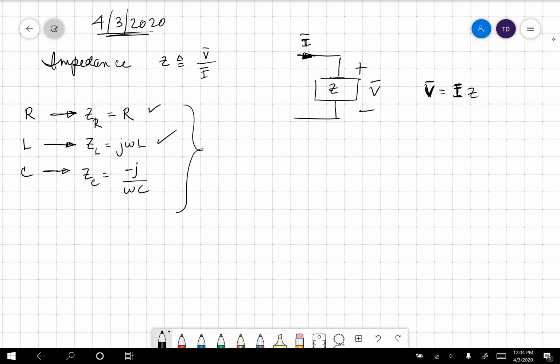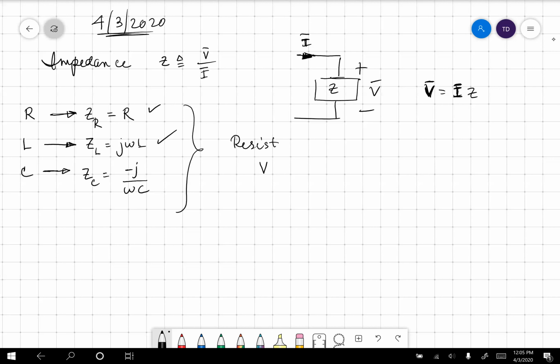This method is only useful for sinusoidal inputs. Since it's for sinusoidal inputs, we can make some recognitions about the current and the voltage in terms of their phase differences.